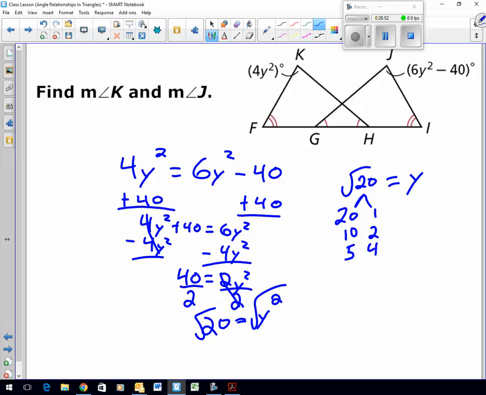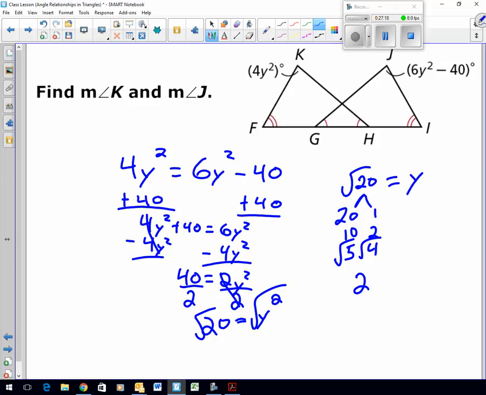Which one of those is a perfect square? 4. So here's my perfect squares. Watch how I do this. Take the square root of both of them. What's the square root of 4? What is the square root of 5?